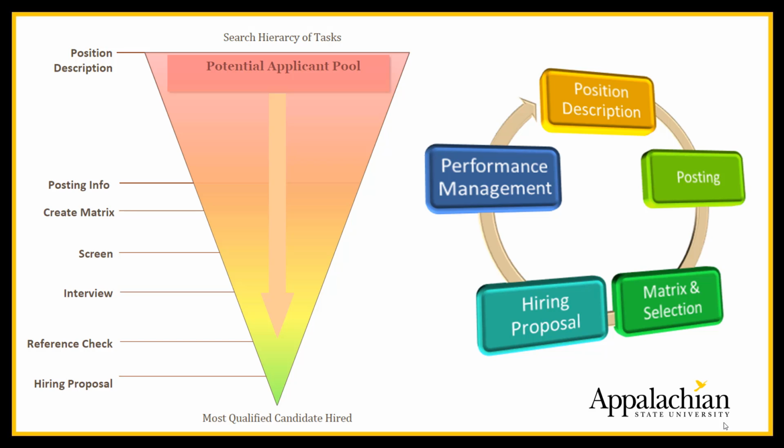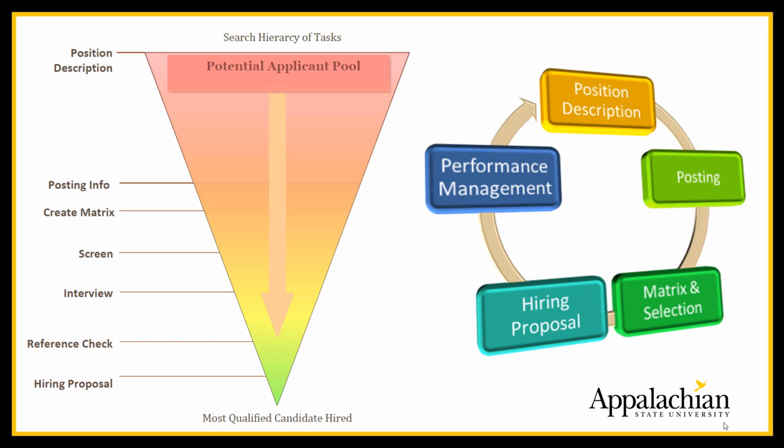Using the required knowledge, skills, and abilities as outlined in the position description, you can then develop that matrix. The matrix also helps with the hiring proposal and helps you justify why you'd like to choose the candidate for hire, and if everything is filled out appropriately, it's a no-brainer based on the matrix if it's derived from the position description.